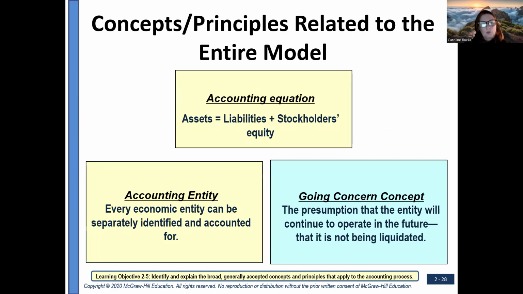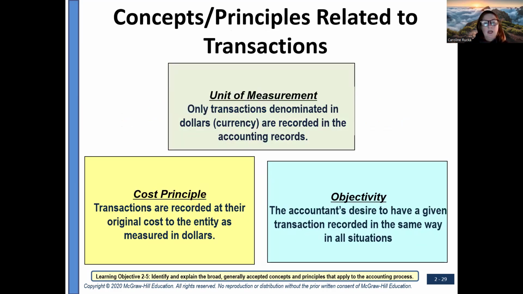Remember also another assumption that we're going to make is that each item on our financial statement can be separately identified and accounted for. Let's see, the cost principle I talked about.